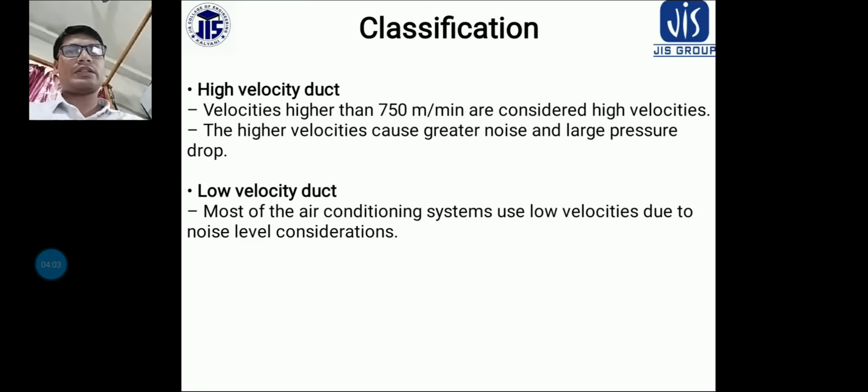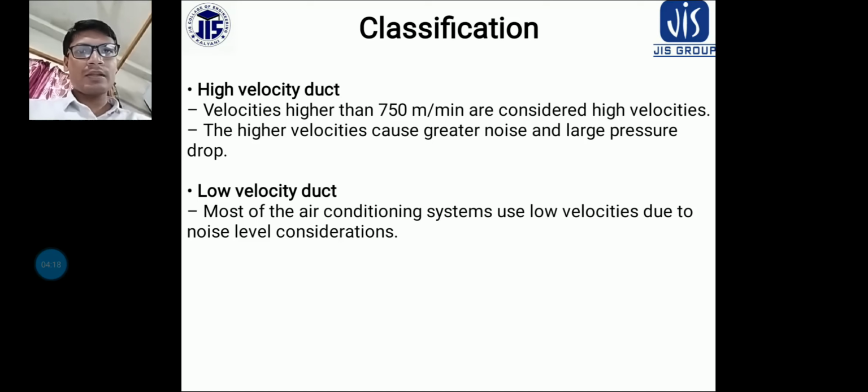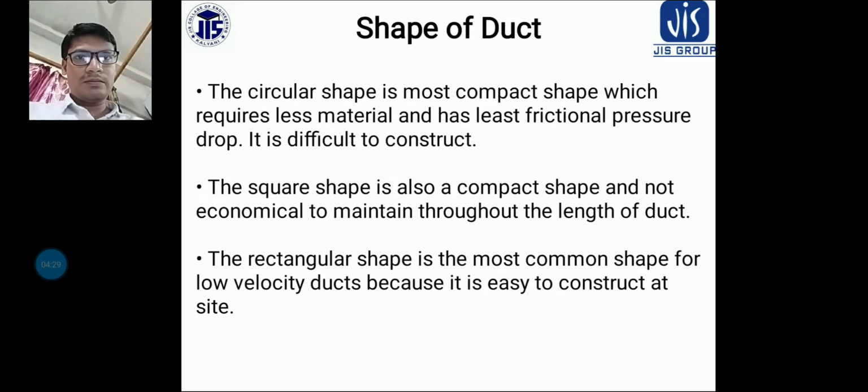Okay, so noise is very important, because if there is any noise inside the system, then there may be some uneasy condition. That means an uncomfortable condition will arise because of this sound, or noise.